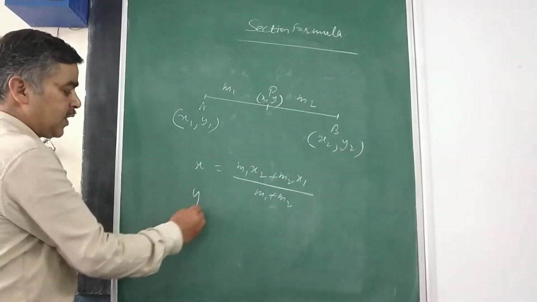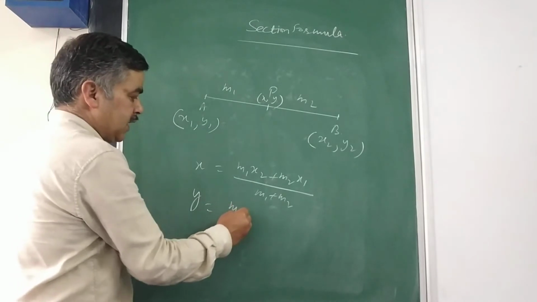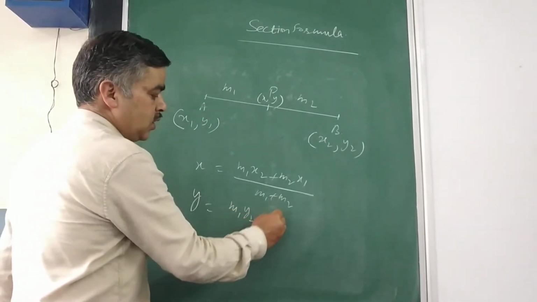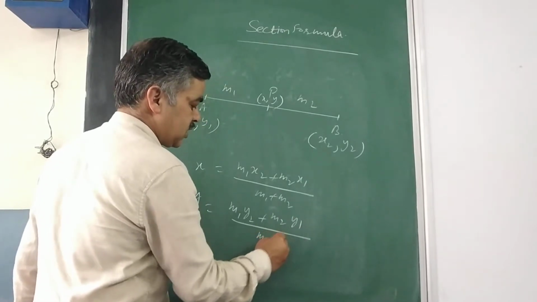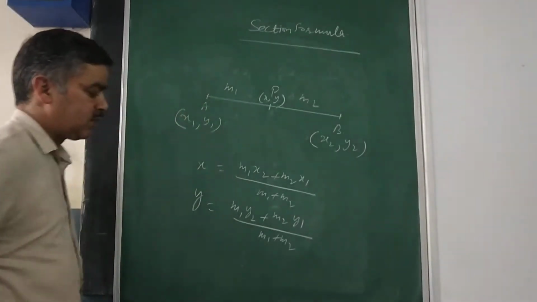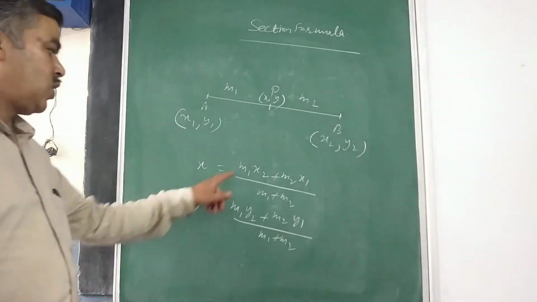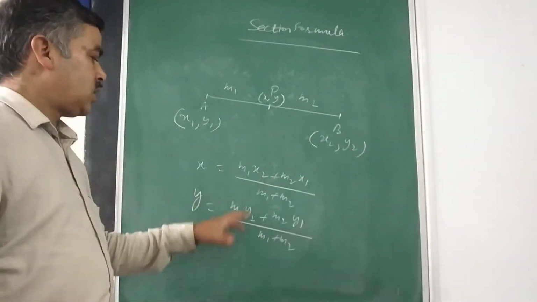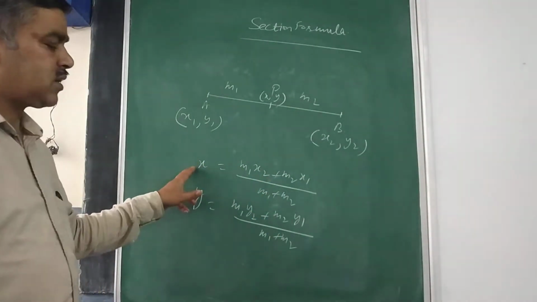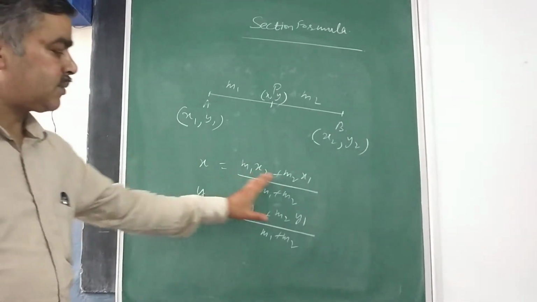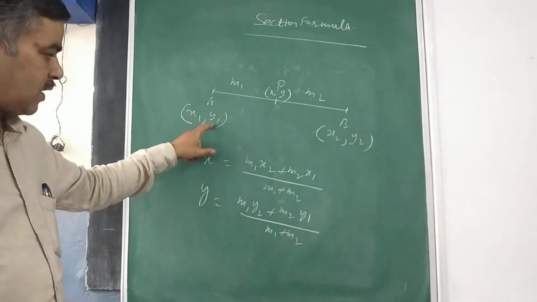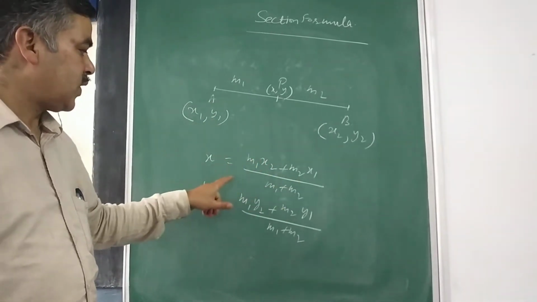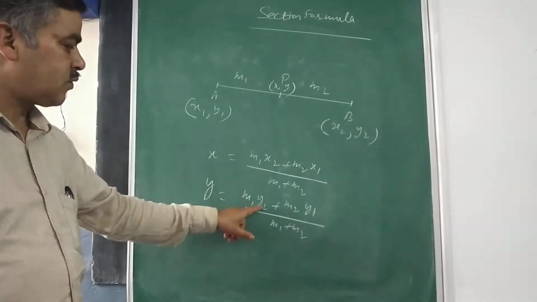If I want to find y, then I write (m1 y2 plus m2 y1) upon again the sum of the ratio, that is m1 plus m2. So you can determine x and y by using x1, or in the case of y, y1.